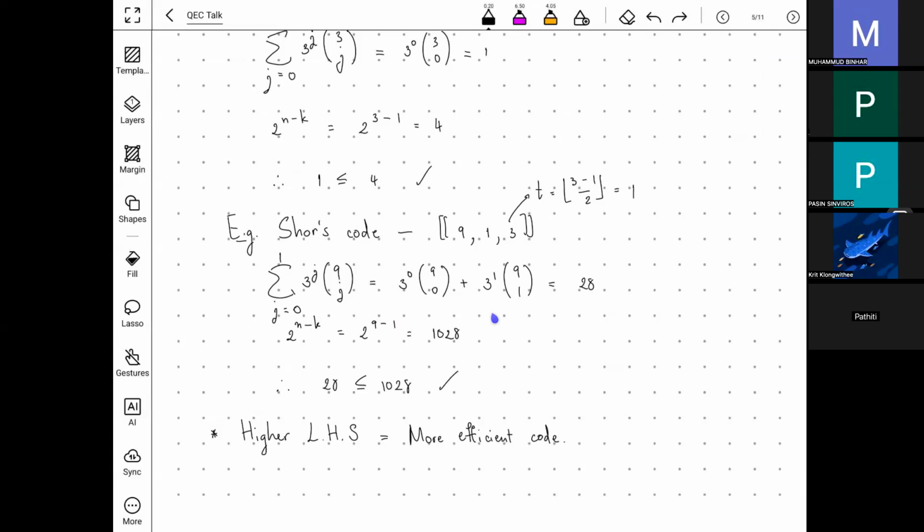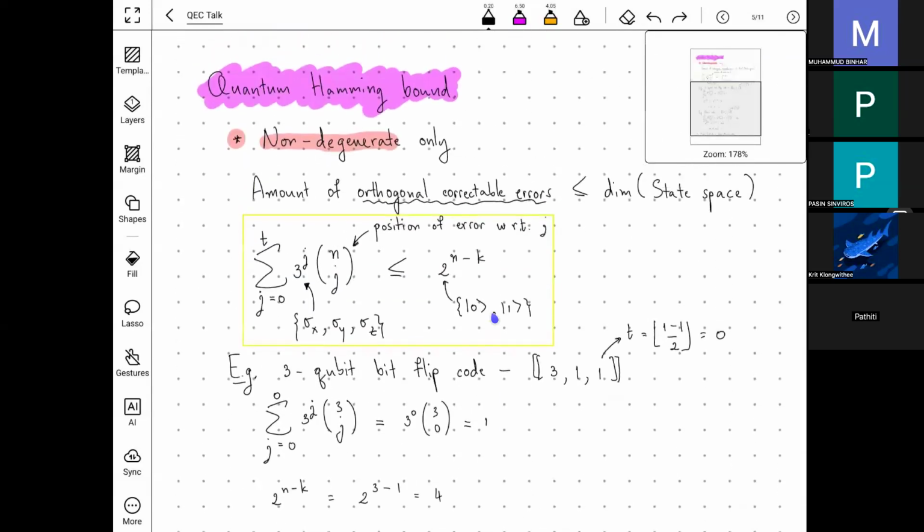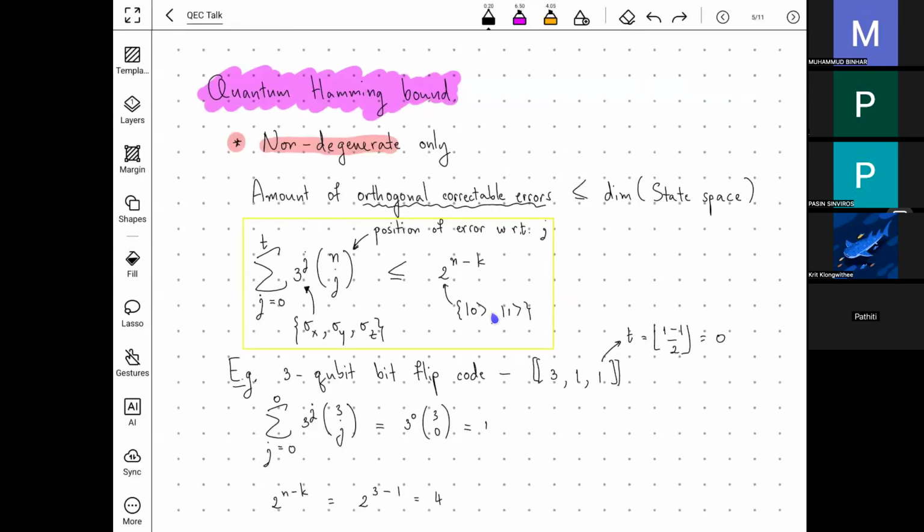Yes, before you move on, can I ask one question? Yes. Why is it 3 to the power of j instead of what is sigma x times sigma z? Is it identity or is it sigma y? Sigma x is the bit flip operation.